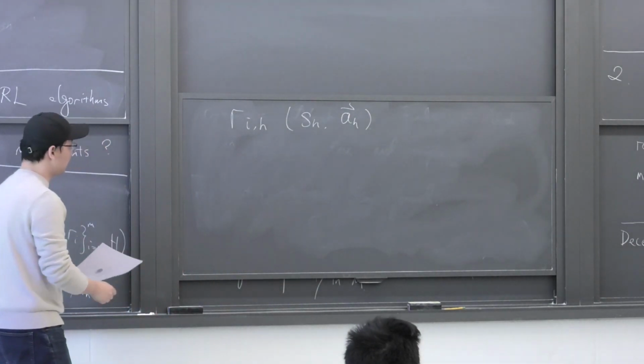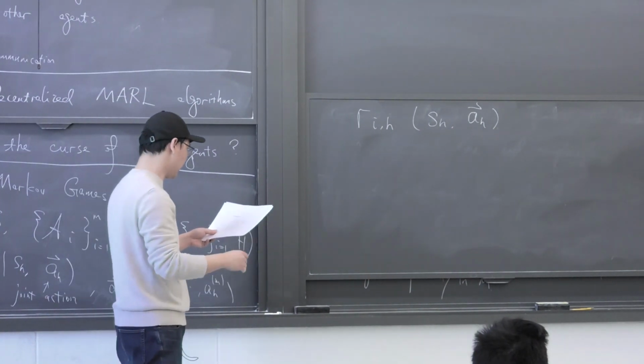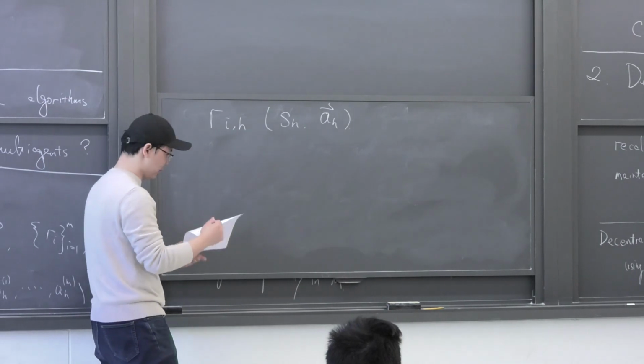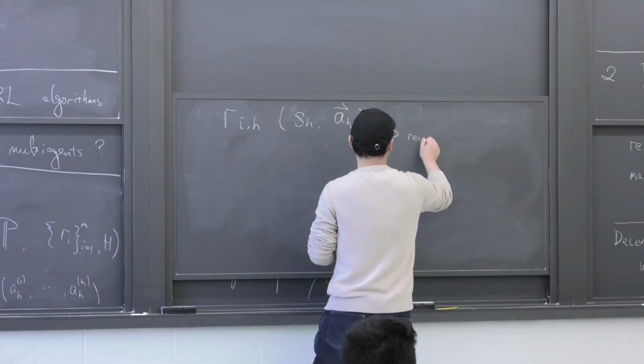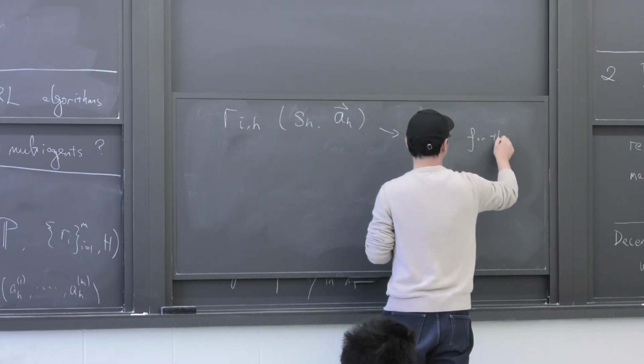And similarly for the reward or utility, we also denote it as r_{i,h}(s_h, a_h), with this vector. So basically the utility is going to depend on the current state and the actions of all players. But the utility is different for different players. So this specifies the reward or utility for the ith player.